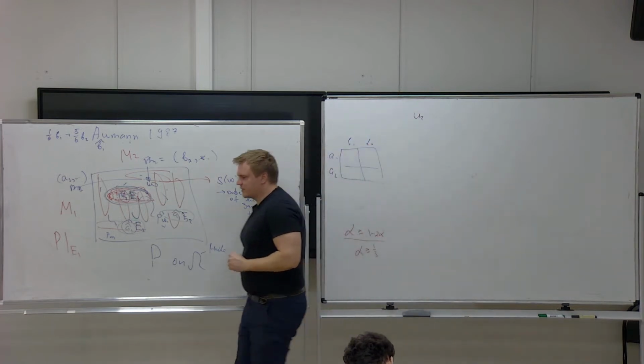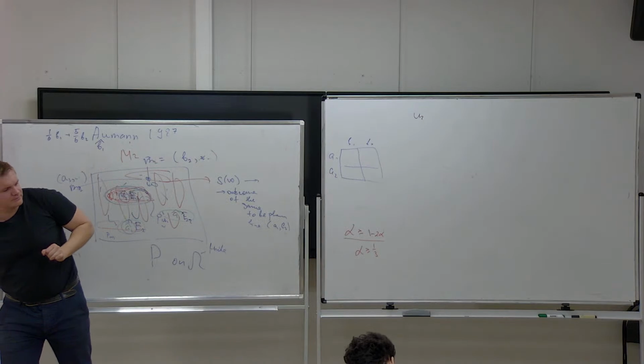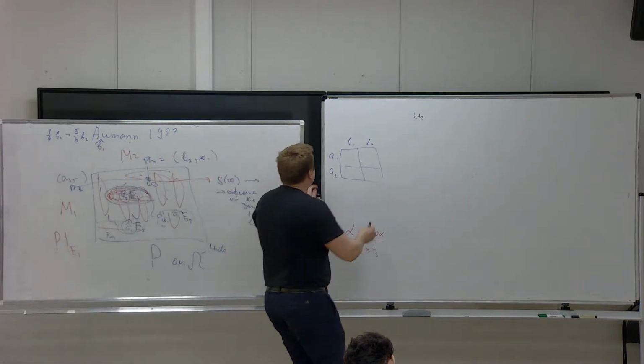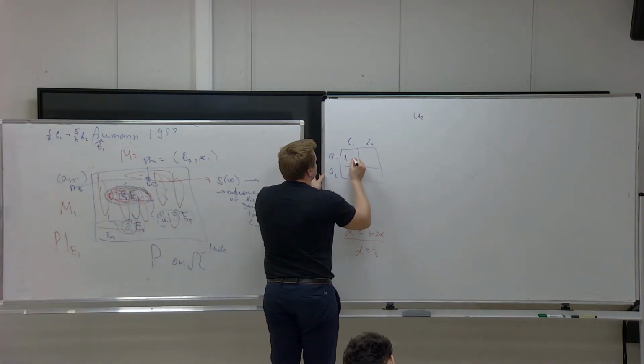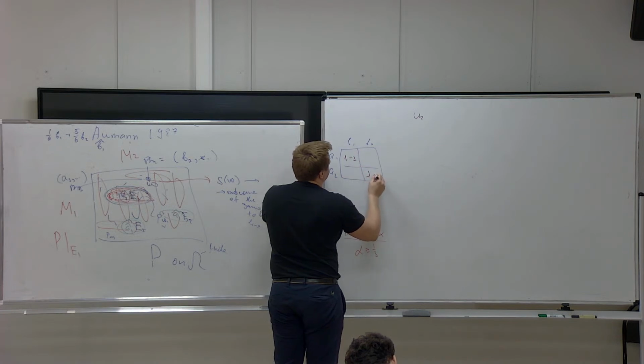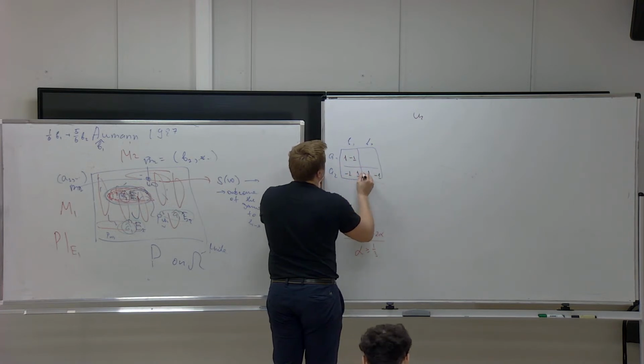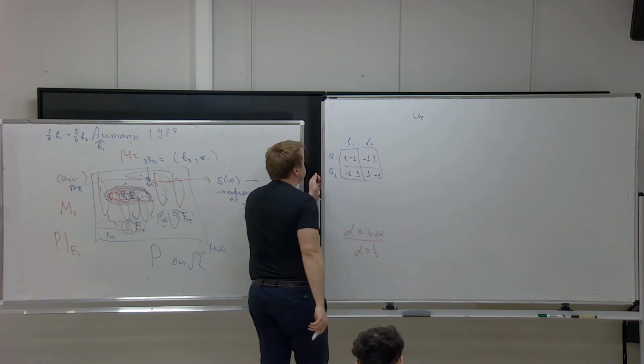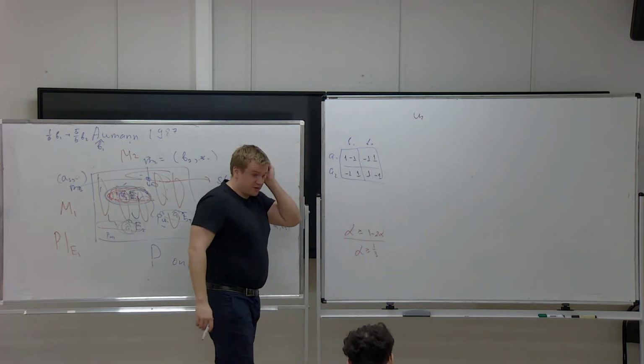So he says the following. Let's take a machine planning game. So we have a game, it's actually like that: 1, minus 1, 1, minus 1, minus 1, 1, minus 1, 1. Okay, so it's a zero-sum game.